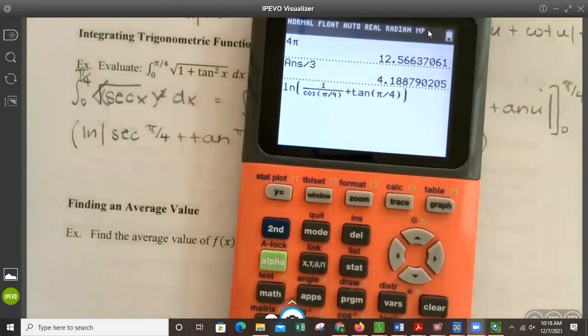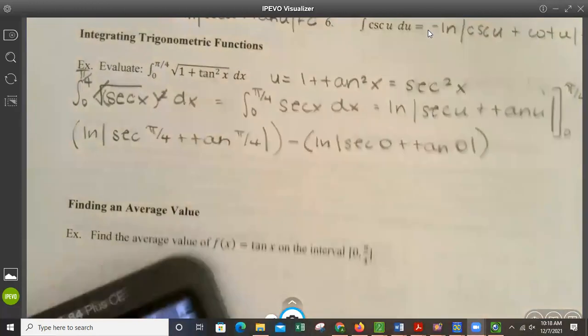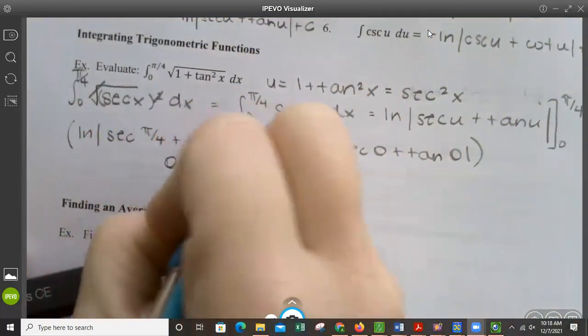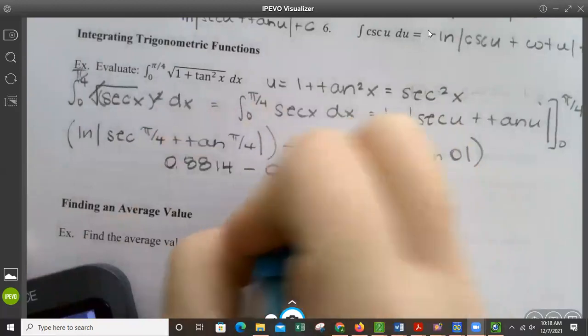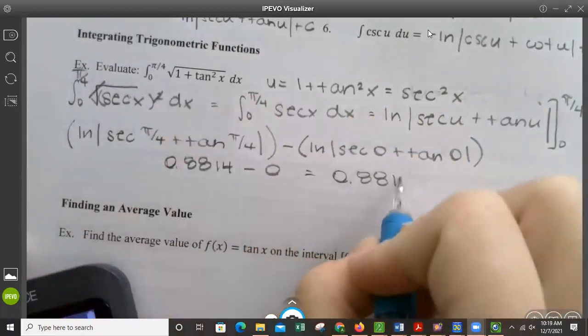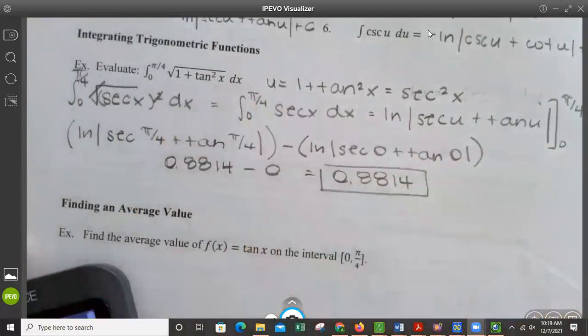Is everybody good with that? That gives us 0.8814. And I told you when you type in the other stuff, it's going to give you 0. So your area, or your definite integral, is going to be 0.8814.